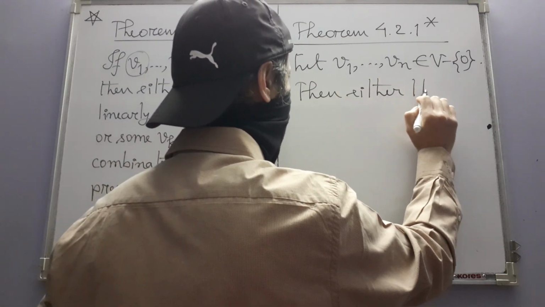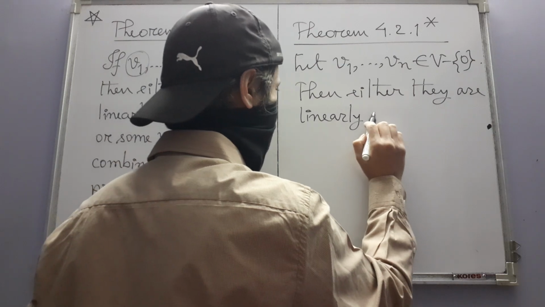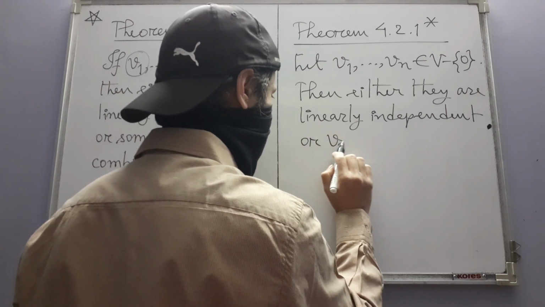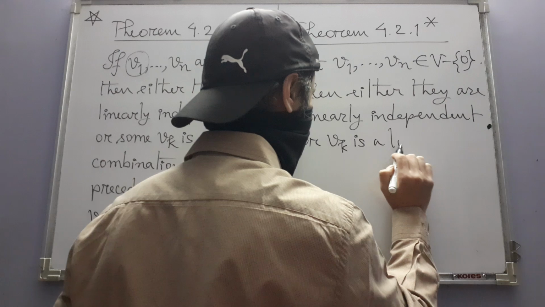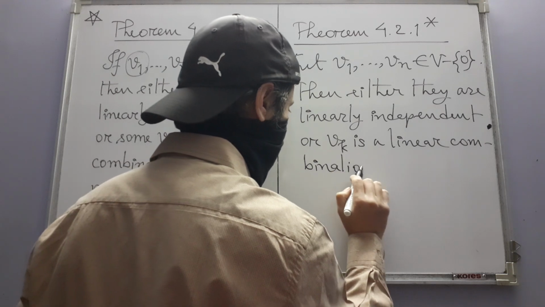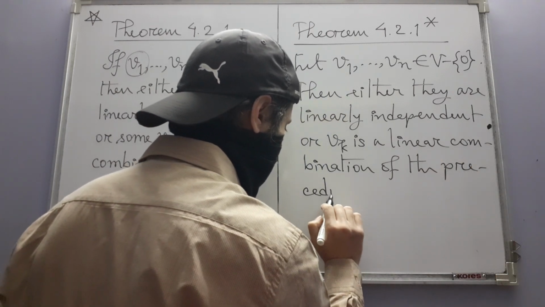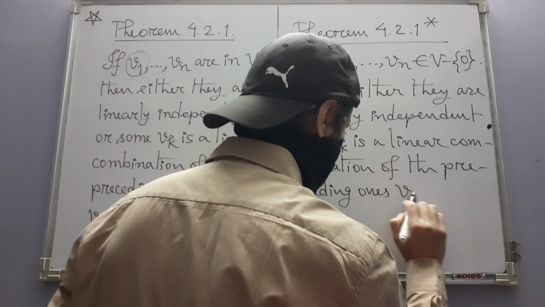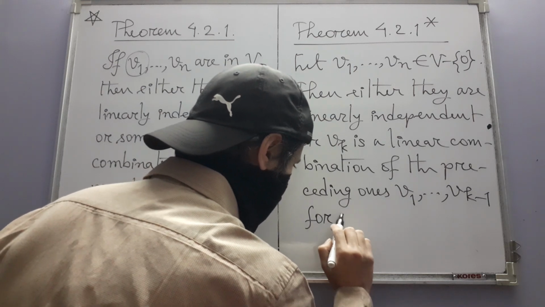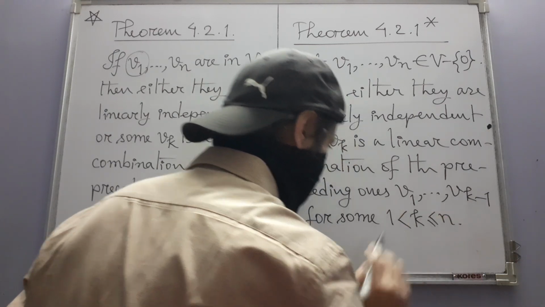Either they are linearly independent or Vk is a linear combination of the preceding ones for some k that is greater than 1 and less than or equal to n, of course.